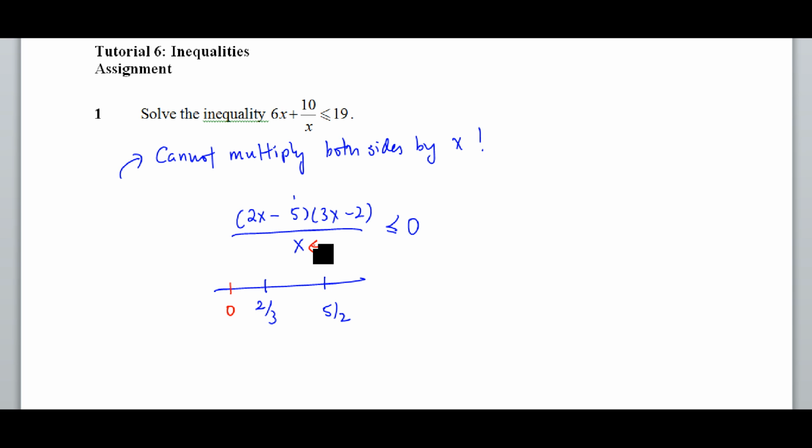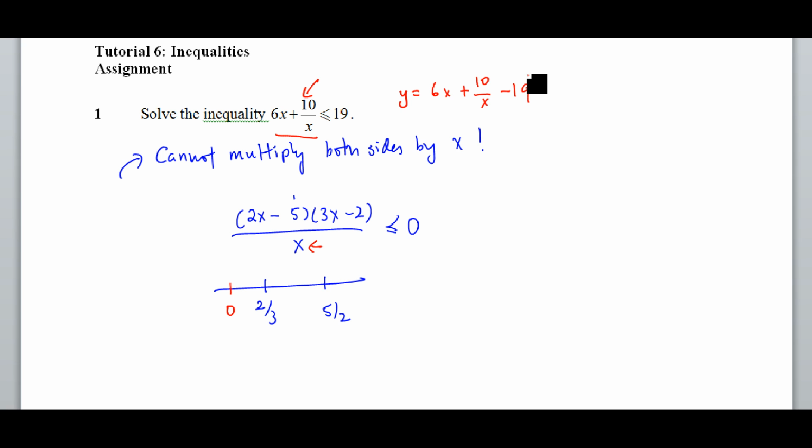Now, some of you tried to sketch y equals 6x plus 10 over x minus 19. Sketching will get you the answer if you sketch correctly, but many of you couldn't sketch this out properly, and hence you did not get the solution.